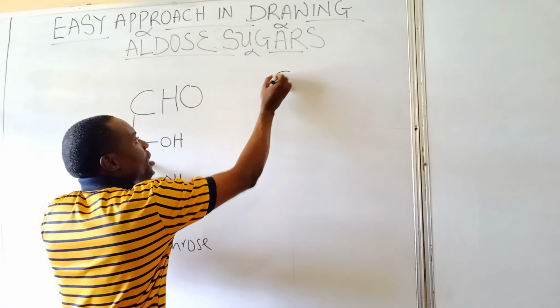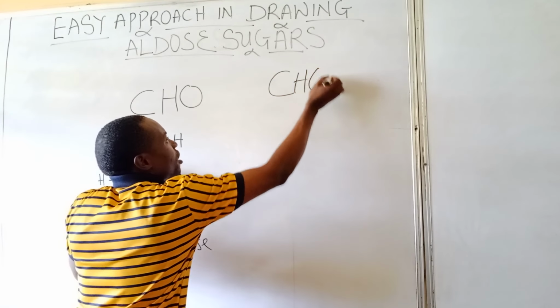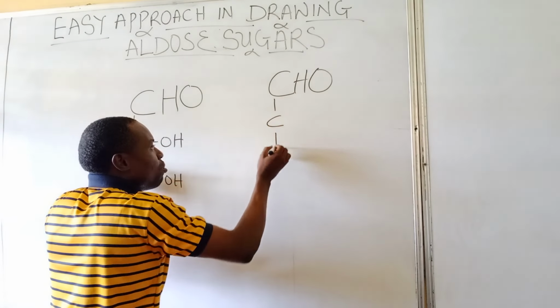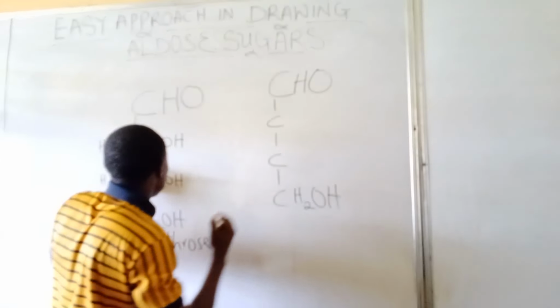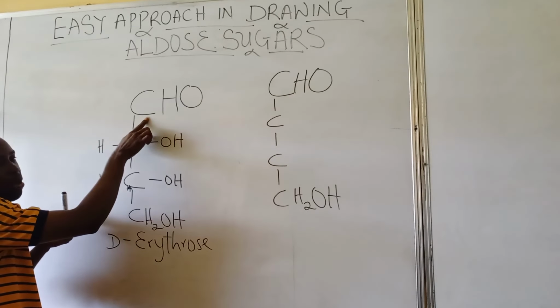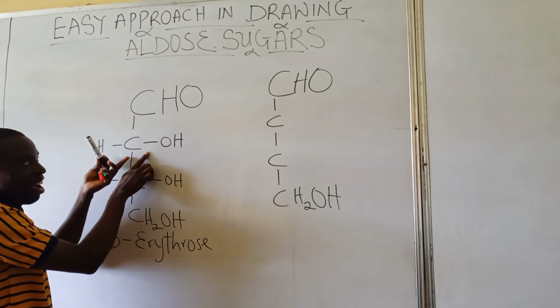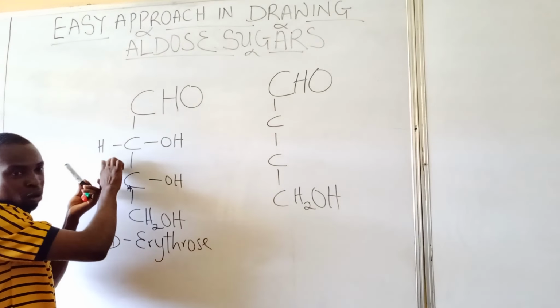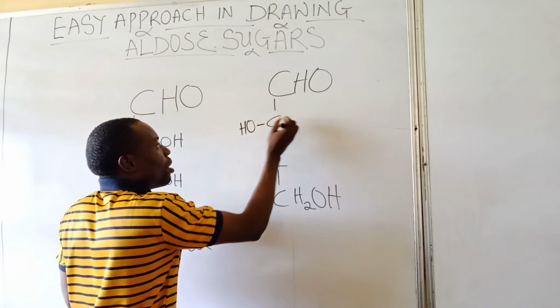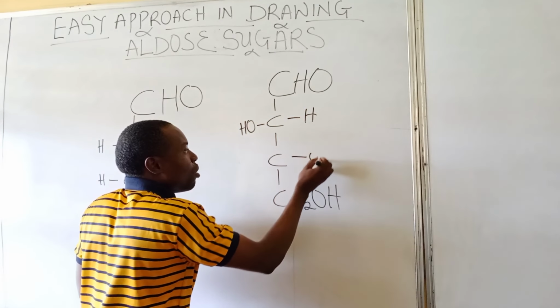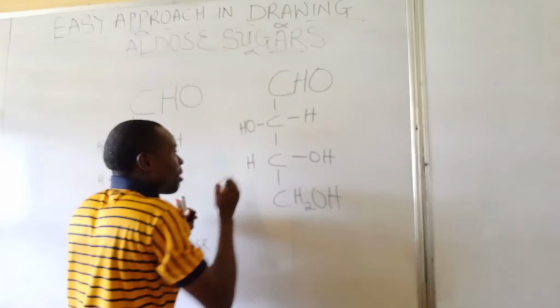Quickly we move. In the second one here, the same 4 carbon too. Take note. Now, this is for the first carbon. For the second carbon, the OH will now fall to the left hand side. So it means that there will be HO, there will be H, there will be OH.